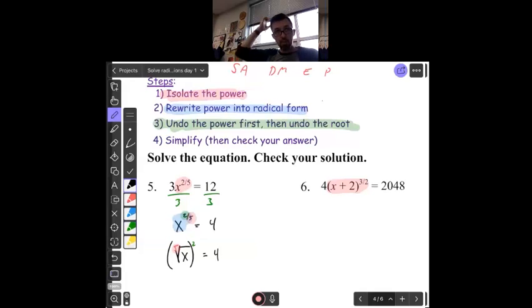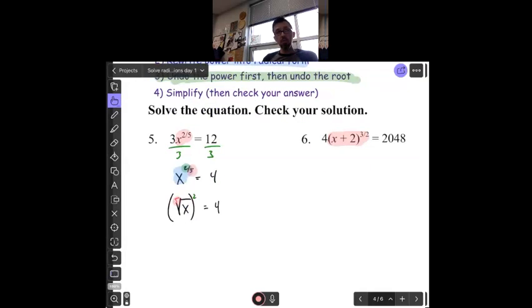There's a very specific reason I'm asking you guys to do it this way. So there's step 1, there's step 2. We've isolated the power, then we've turned it into a radical. But there's a lot going on there on the left side, right?